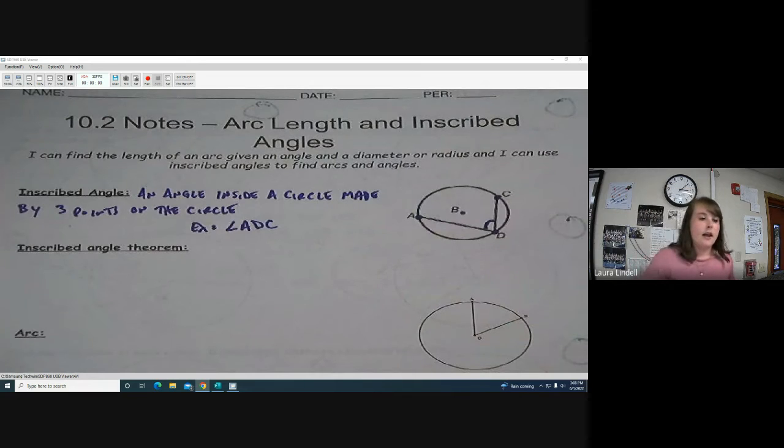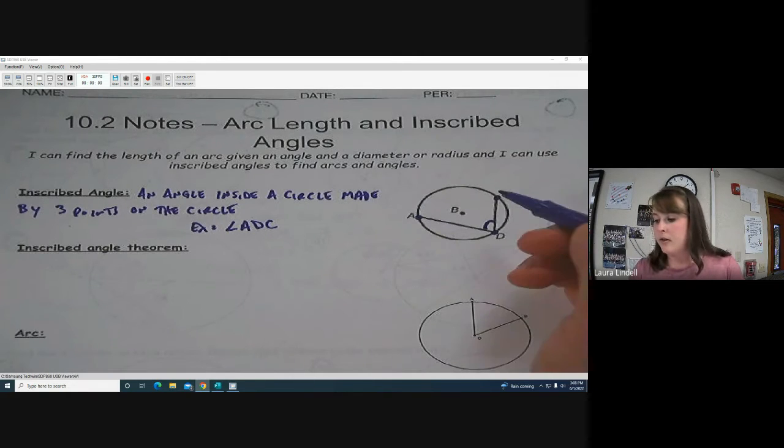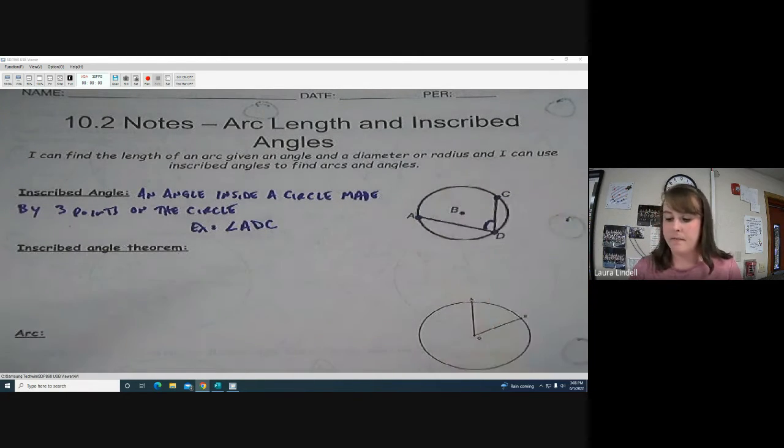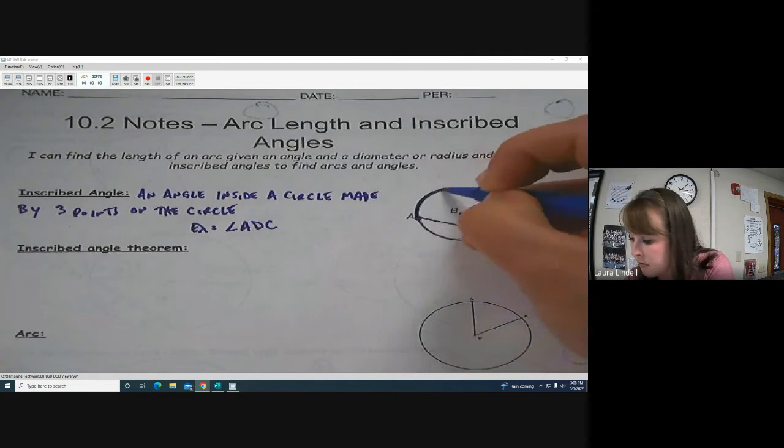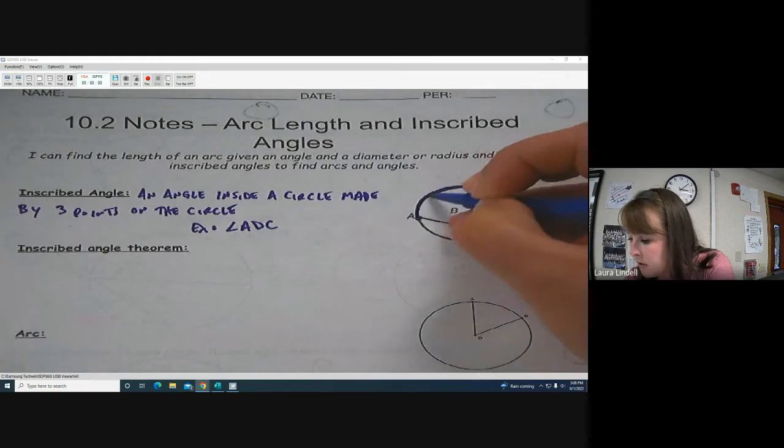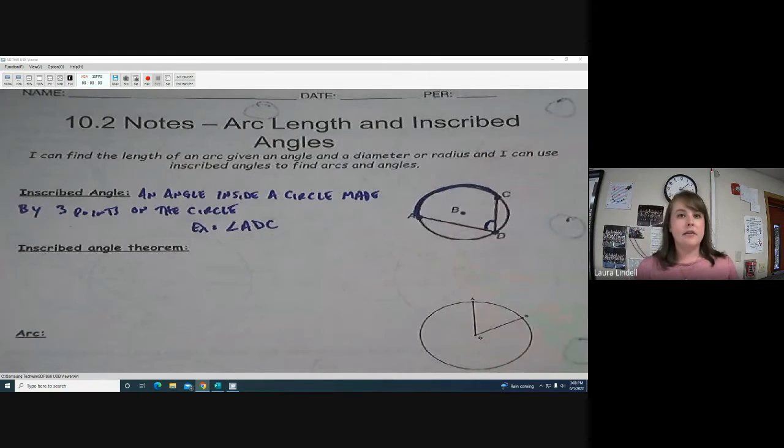All right. And so we have inscribed angles and we also have arcs. And so when we're dealing with arcs in general, remember an arc is just a portion of the circumference of a circle. So this would be considered an arc. And the inscribed angle has a relationship with the arc's angle. And that is seen in the inscribed angle theorem.